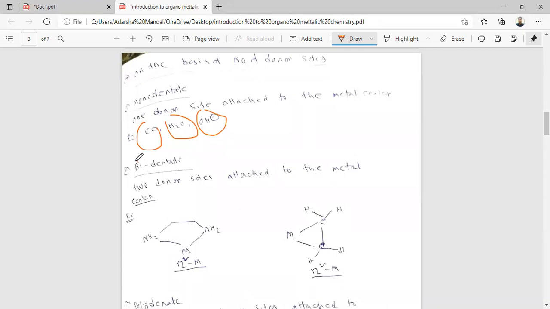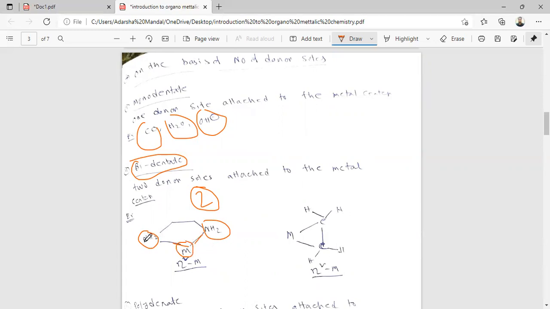And the second one is the bidentate ligand. Bi means two, so the ligand has two donor sites that donate electrons to the metal center. An example of a bidentate ligand is the ethylenediamine molecule. In ethylenediamine, there are two nitrogen atoms, and these two nitrogen atoms can simultaneously donate electrons to the metal center.